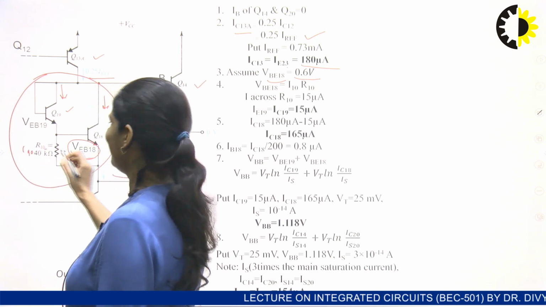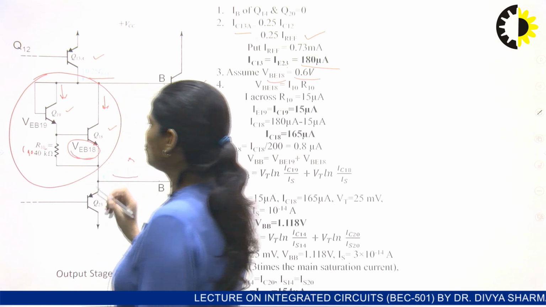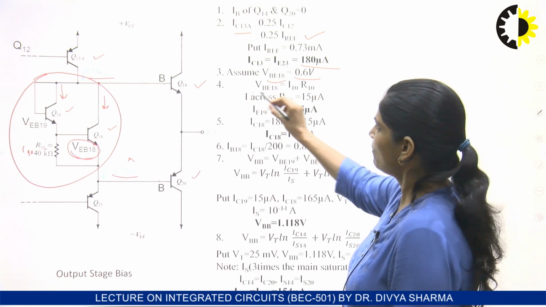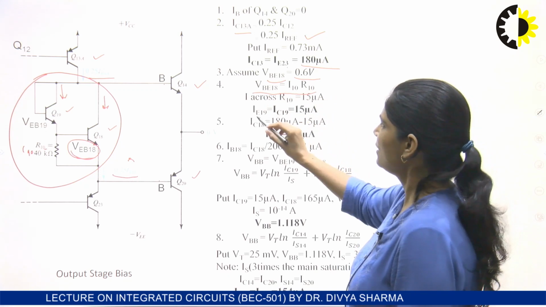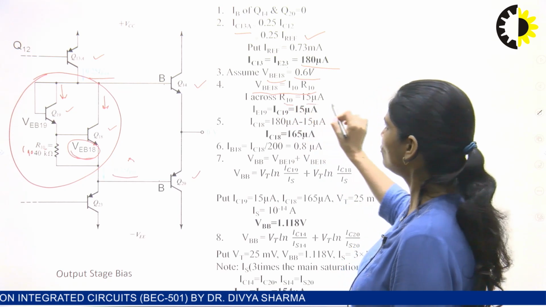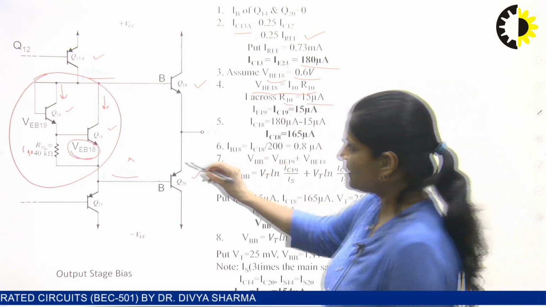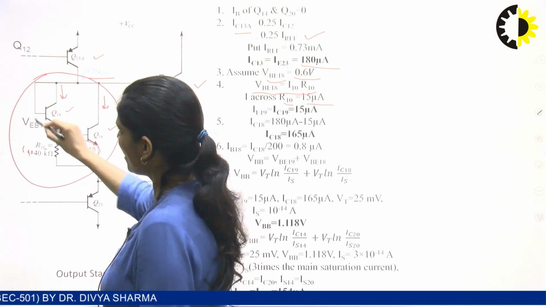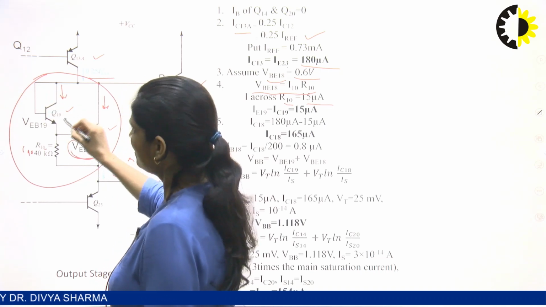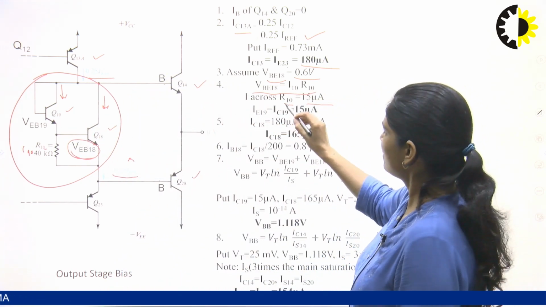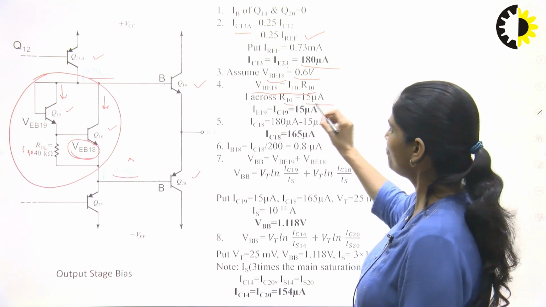So I10 times R10 is equal to VEB18. By using this equation, we can find the emitter current across this R10, which is equal to 15 microampere. This is a diode connected transistor, so IE is equal to this one. I10 is equal to 15 microampere.